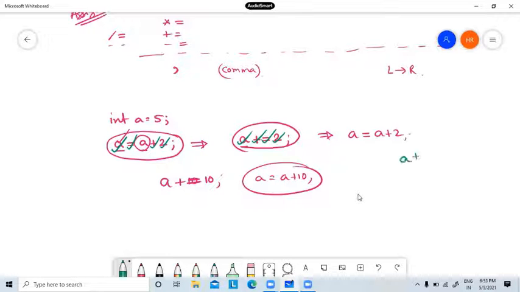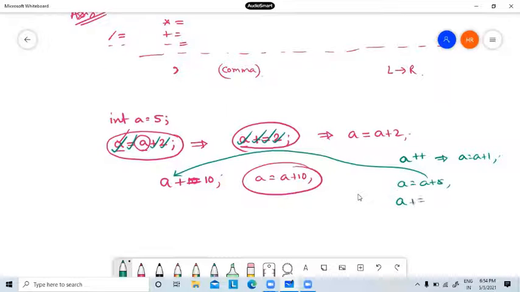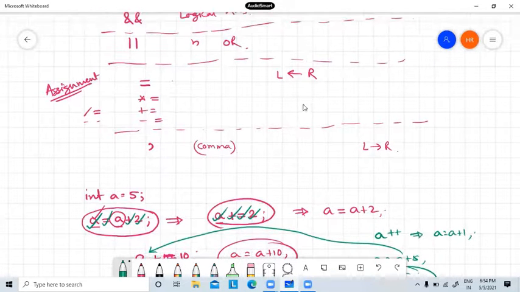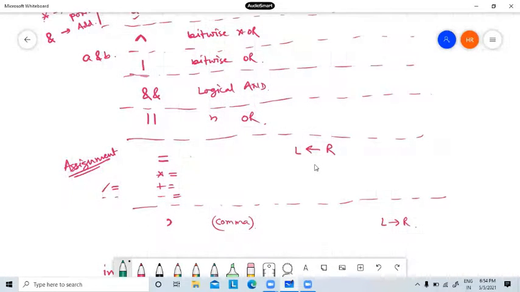See, A plus plus is to increase the value of A by 1, A equal to A plus 1. If I want to increase the value of A by 5, then there is no such operator. That's why this operator is used to make it easier: plus equal to 5. So this is all about the different operators.